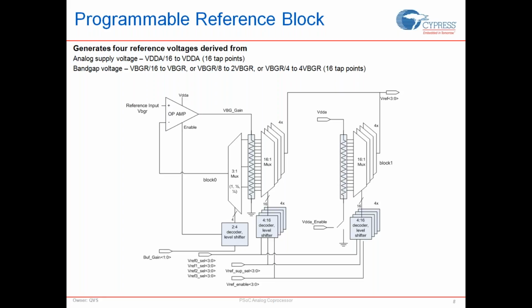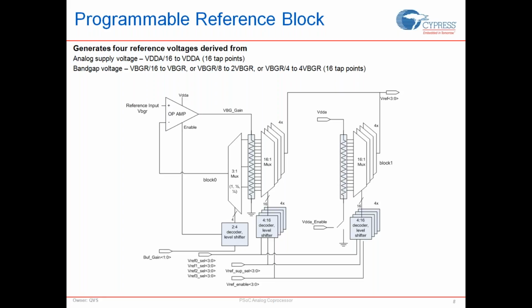You also have a means to gain this reference using the same resistor taps. So all these reference options are encapsulated into our component, so you don't need to really worry about what tap you're using, what resistor you're setting up, and what register you need to write for setting it up. It's all part of our component, which we'll get to in the next slide.